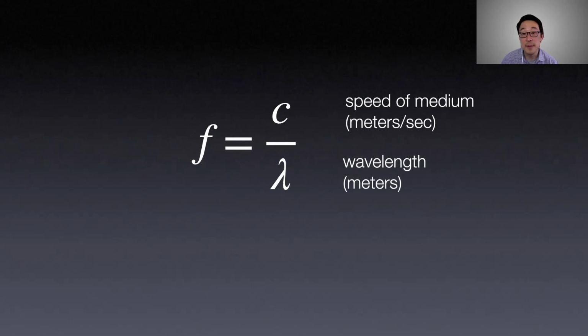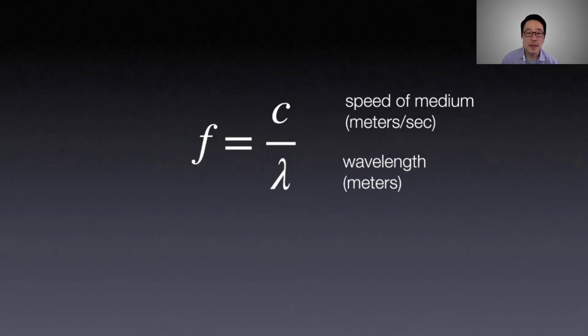The wavelength in meters. So c we usually express as a velocity, meters per second. The speed of sound, for example, is about 300 meters per second. And so you can actually compute wavelengths for sound as well in meters or fractions of a meter, or sometimes they really are meters long.